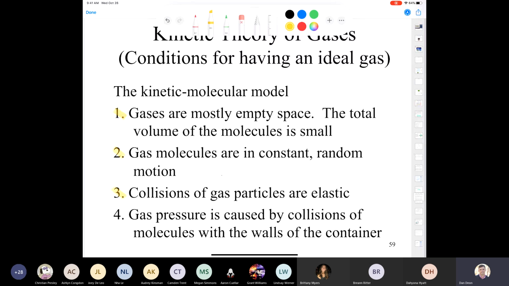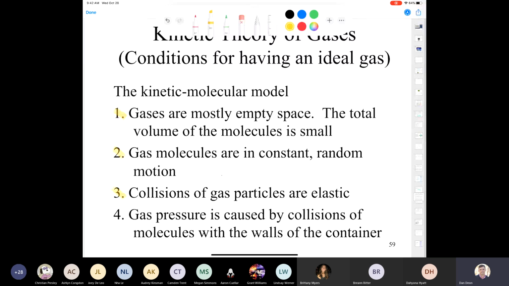But when we're talking about gas particles and this kinetic theory of gases and conditions for having an ideal gas, which of course, there's no such thing as an ideal gas, right? But we're talking about conditions where we can make a set of assumptions that a gas is going to behave ideally. We assume that the gas particle collisions are elastic. That means that they're not going to lose any of their velocity or any of their speed as they collide.